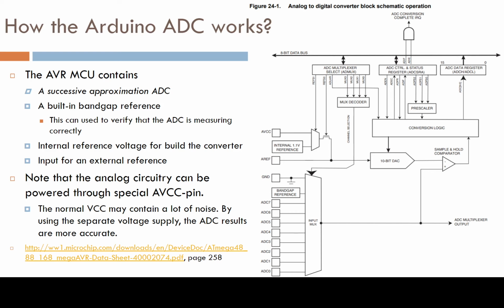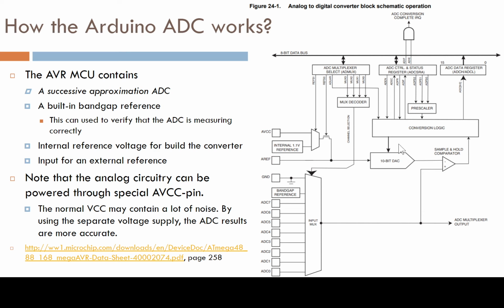I have some pictures later on, but anyways, the successive approximation is based on guessing the value. If you are familiar with Newton's half-point method, then this is the digital version. Digitally, it's the same method.